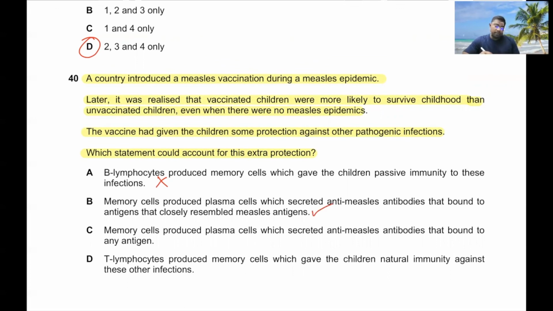Memory cells produce plasma cells which secreted anti-measles antibodies that bound to any antigen. No, it can't bind to any antigen. All right, then there would be no diseases at all. T lymphocytes produced memory cells which gave the children natural immunity against these other infections. No. So only B can be correct. So question number 40, option B.